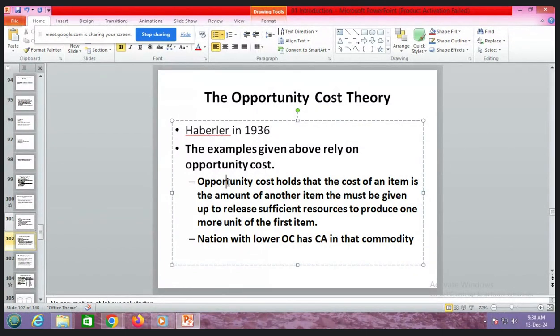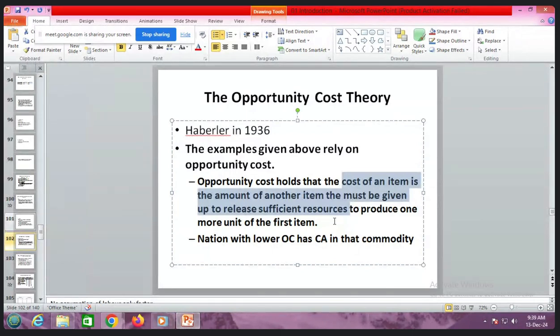And when we look at the opportunity cost theory, what is the definition of opportunity cost? It is the cost of an item in terms of the resources that have to be foregone to produce one more unit of the first item.